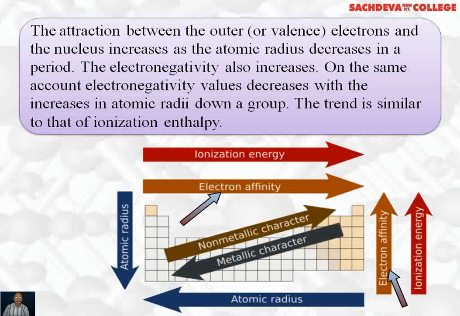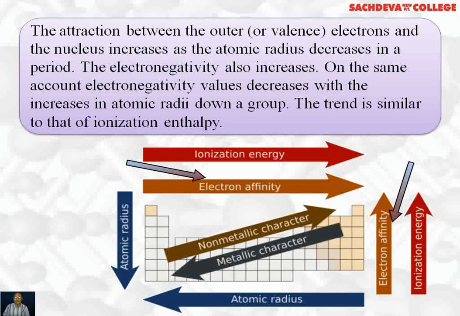Electron gain enthalpy or electron affinity goes on increasing along a period from left to right. Atomic radius goes on decreasing along the period from left to right but increases from right to left.